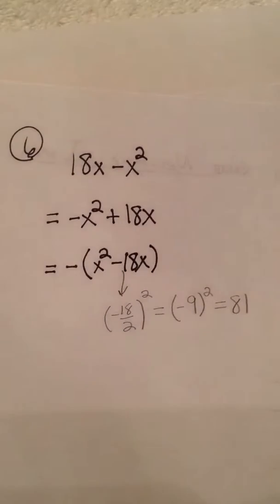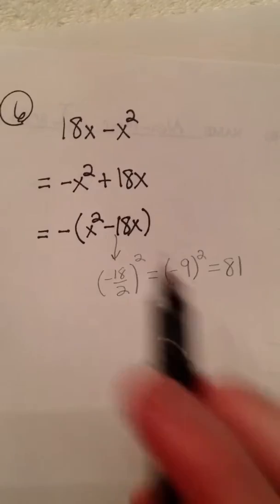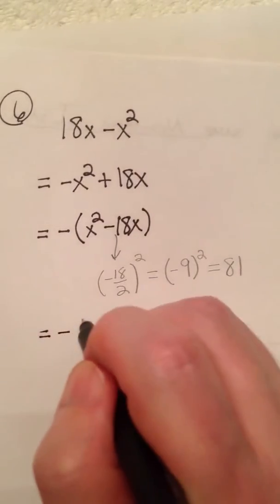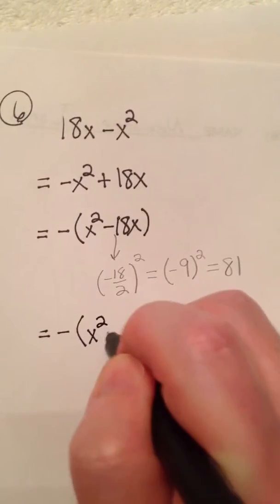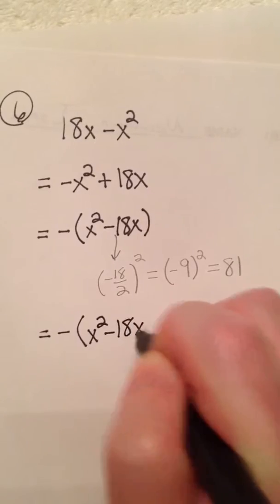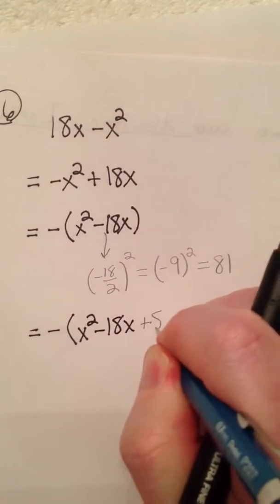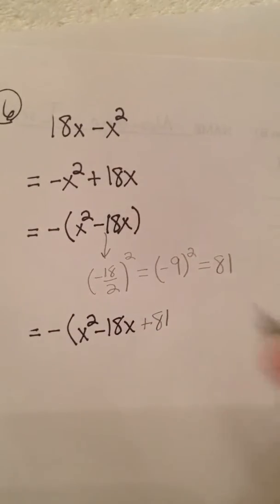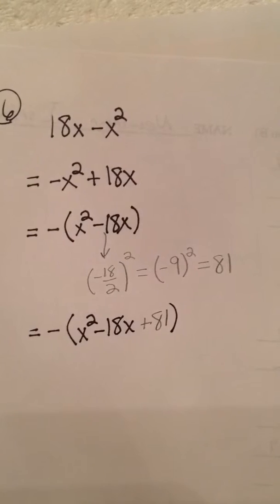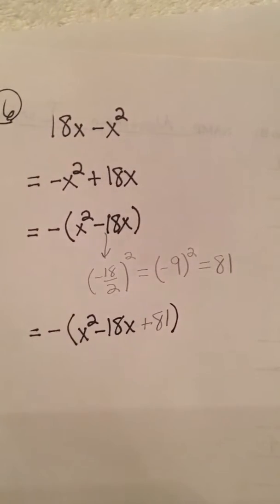And as we continue, we have the negative of x squared minus 18x, and we're going to add 81, but at the same time, to keep it in balance relative to what it was to begin with.